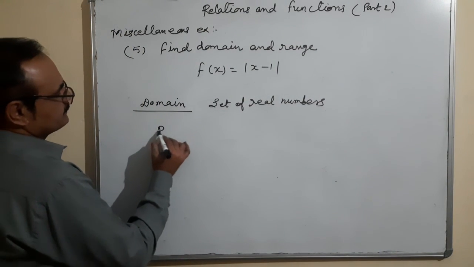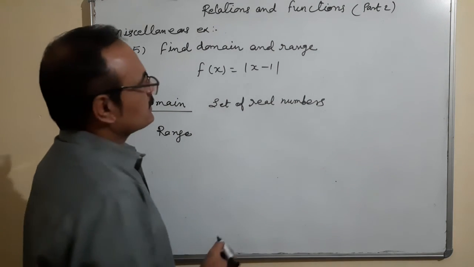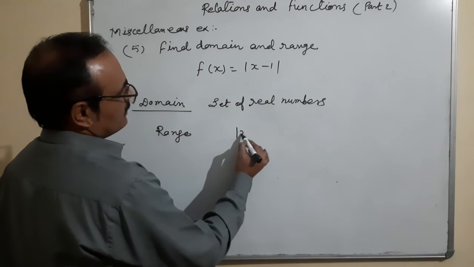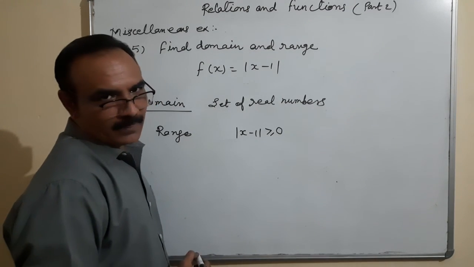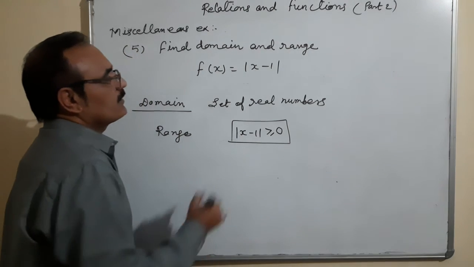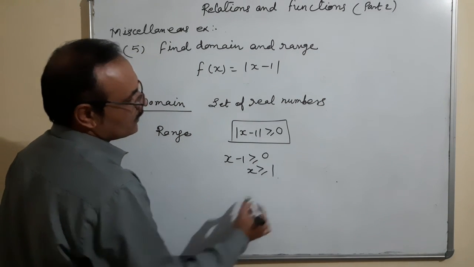Range. For range, one thing is clear, because you know that mod x minus 1 is greater than or equal to 0. This will always be greater than or equal to 0. So that means x minus 1 is greater than or equal to 0, so x is greater than or equal to 1.